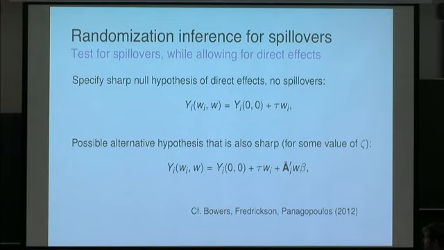And then this would allow us to go ahead, and now we have a sharp null hypothesis. Now we could infer under this null hypothesis that there is this tau but not this spillover. So just under this model, this is now a sharp null hypothesis. The problem is, of course, that we've now assumed that there are constant treatment effects for everyone in the network. So we'd like to avoid doing that.